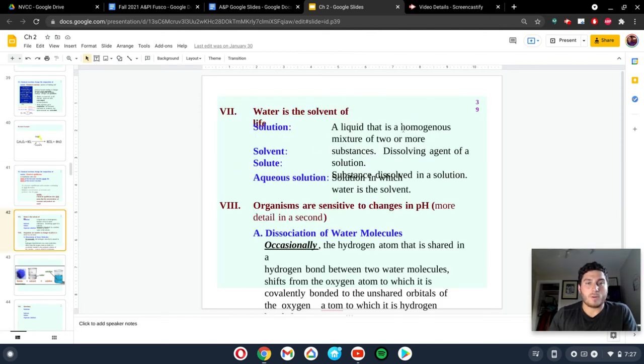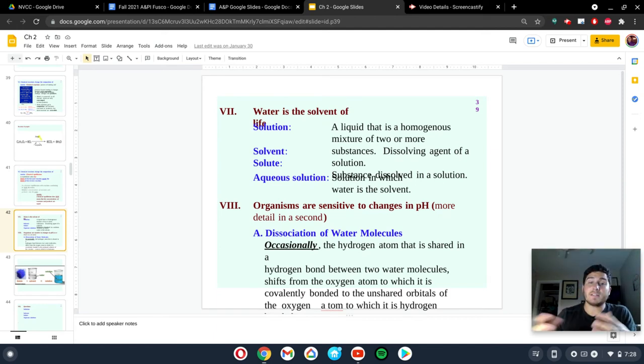A couple other really important things here, and that is understanding solutions. So most solutions we're going to do are called aqueous solutions, meaning that we use aqueous water, aqua, we use water. So a solution is a liquid that is homogeneous, meaning that you have a mixture of a liquid and a solid. All right, they mix together.